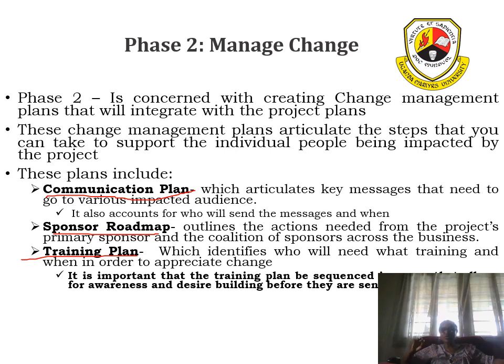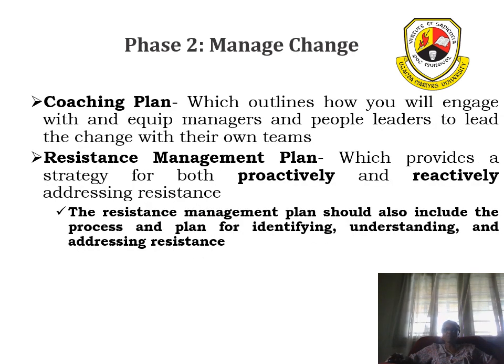Normally, it is good if you have the training of trainers. The sponsors who are part of the impacted group, when they are trained first, when you're carrying out training, they also speak out. And once colleagues see colleagues using this particular system, they usually pick up much faster than when it is the ICT team that is leading the change program.